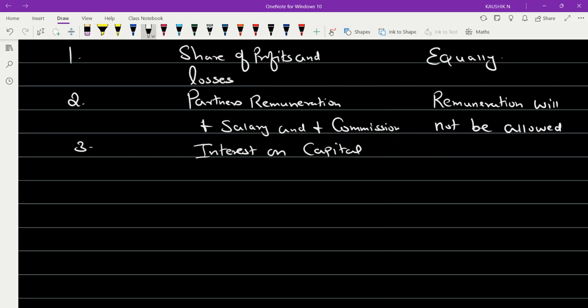When your deed is silent regarding this item or the deed is not available, then interest on capital is not allowed.